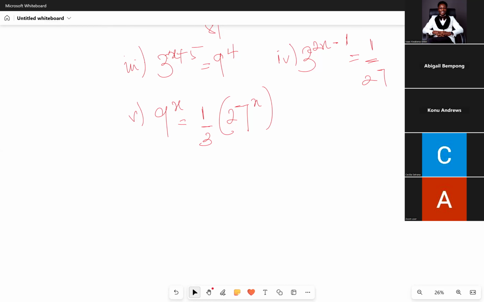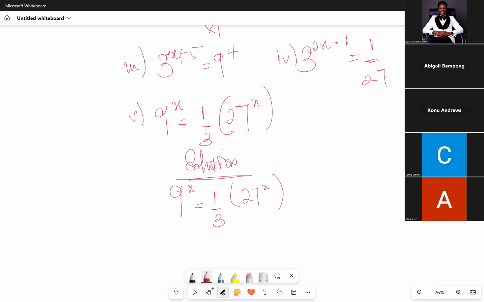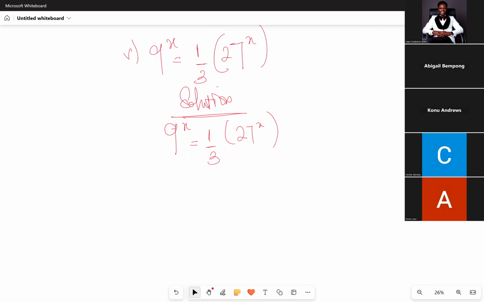Walk us through the process. Okay, sir. So 9 exponent x equals 1 over 3 and bracket 27 exponent x. So I try to find the same base, which is 3. So we have 3 exponent 2 into bracket x equals 1 over 3.